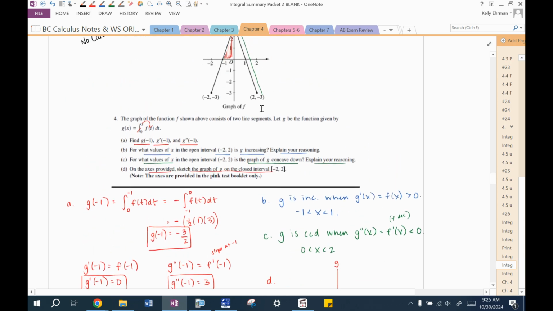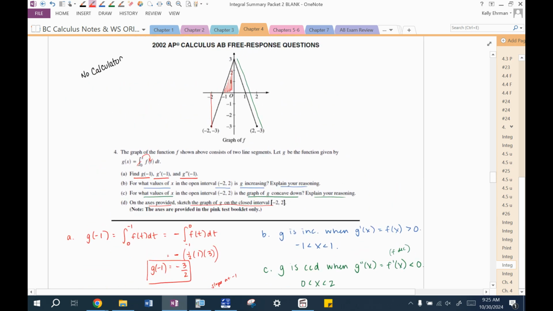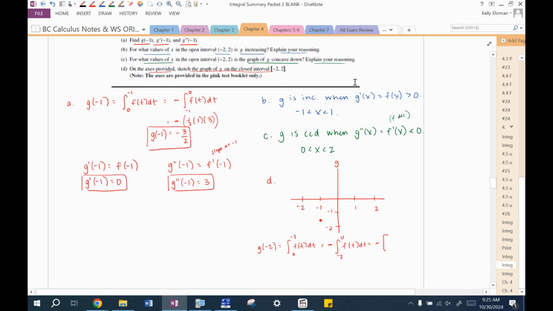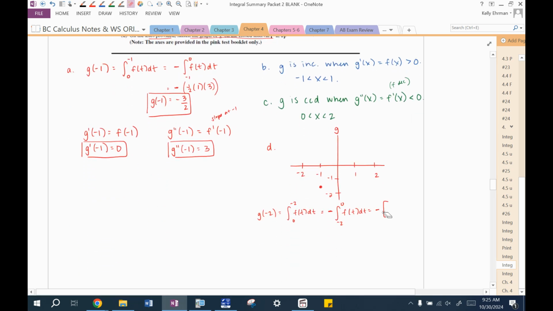Let's look back here. Now see, this area is symmetric, right? This is a negative 3 over 2, and this is positive 3 over 2. So from negative 2 to 0, the negative does not matter. That's just 0. So at negative 2, I could plot a point at 0.